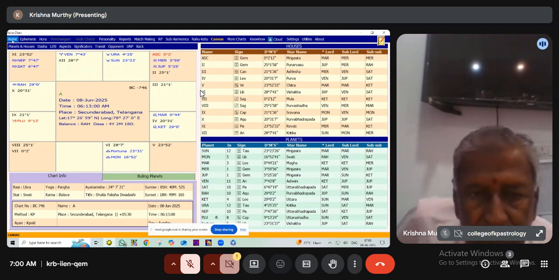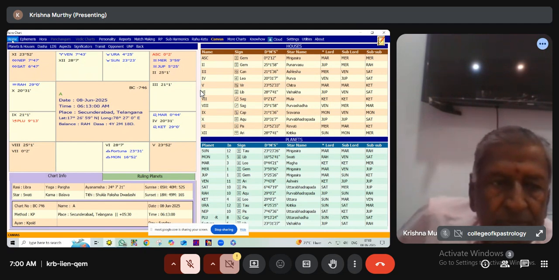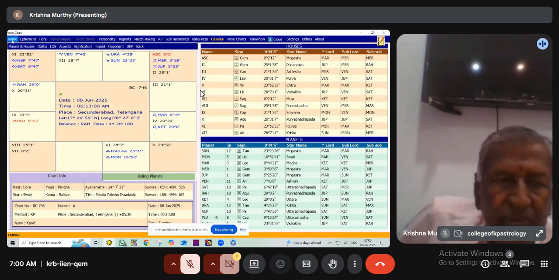Similarly, the fourth house from Virgo has displaced to Leo. The sixth house, which is supposed to be in Scorpio, has come to Libra. Similarly, the eighth house from Capricorn to Sagittarius, the ninth house from Aquarius to Capricorn, the tenth house from Pisces to Aquarius, and the eleventh house from Aries to Pisces.